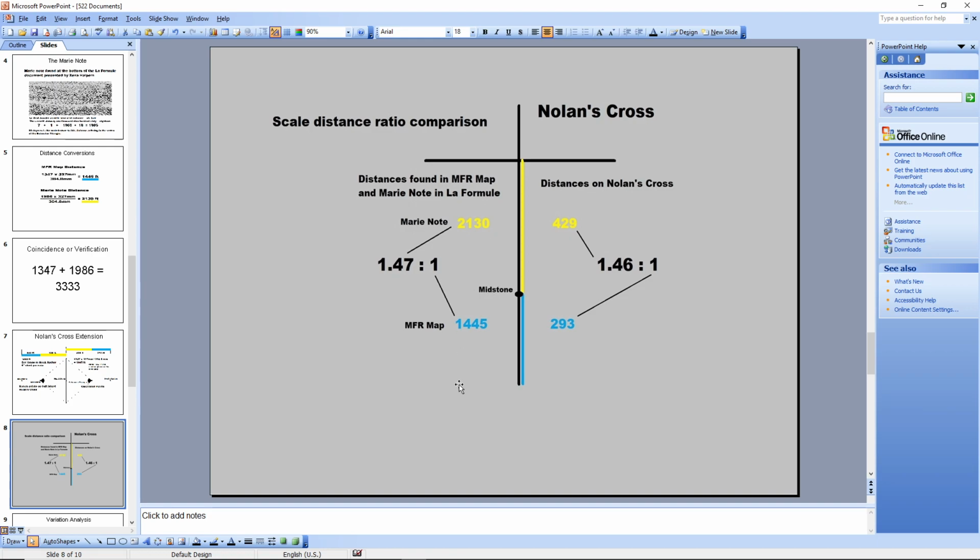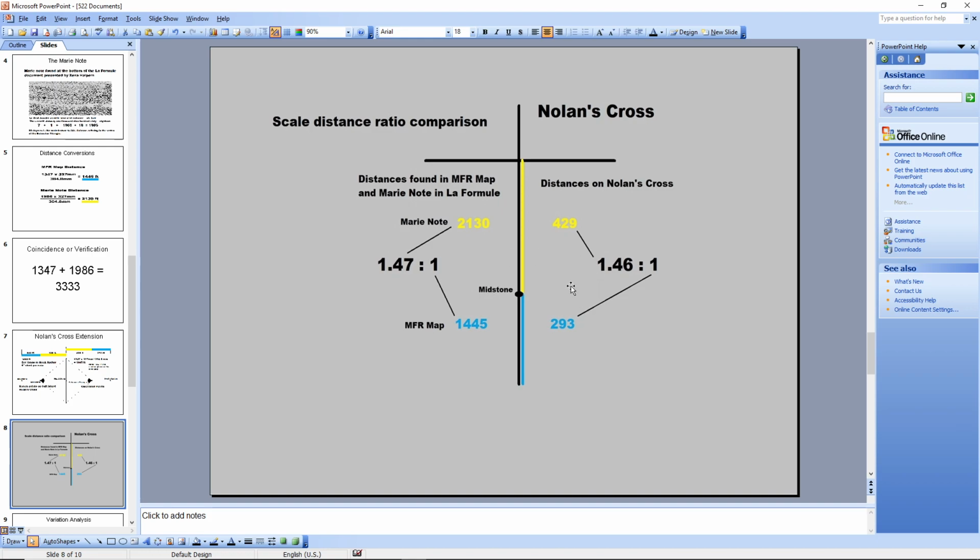Right up here is the 2130, which is the Marie note distance, and the Rochefoucauld map distance. And if you notice, this is a ratio of 1.47 to 1, and the 429, which is the actual distance here, and the 293, which is the actual distance here, has a ratio of 1.46 to 1. Why is this important?